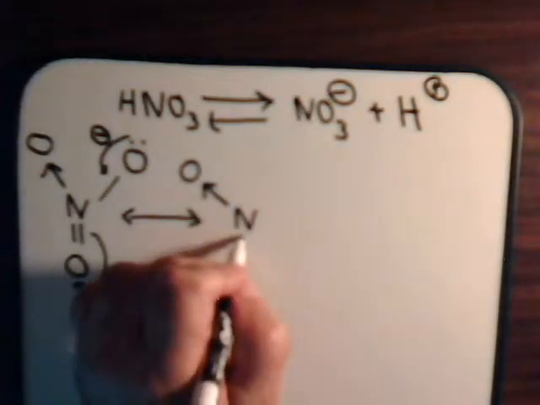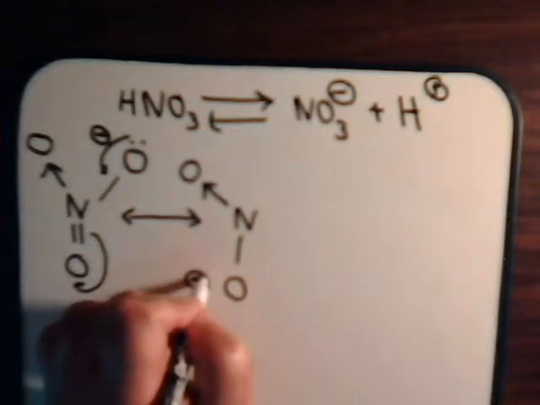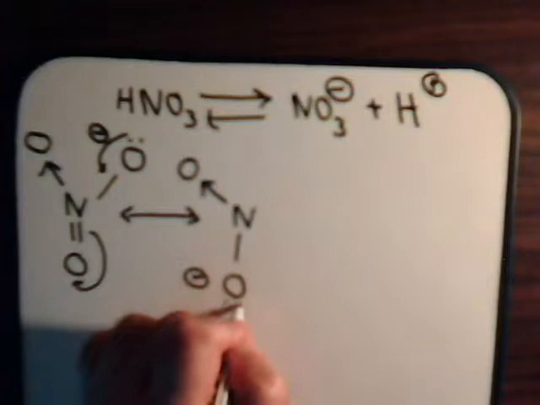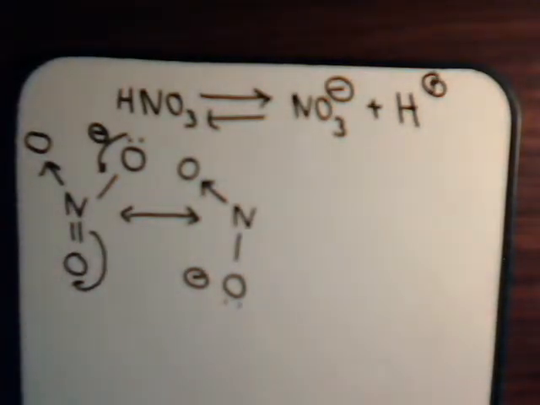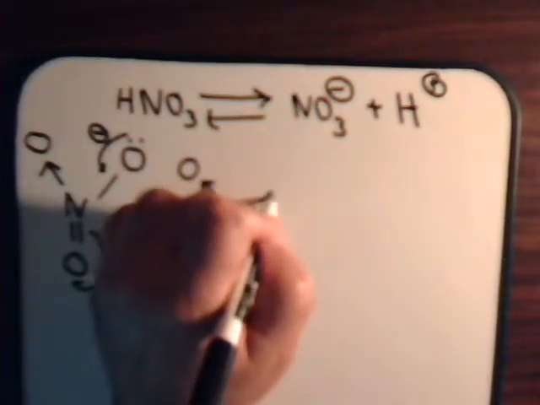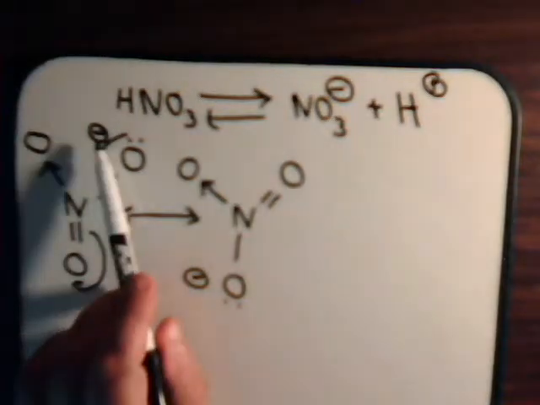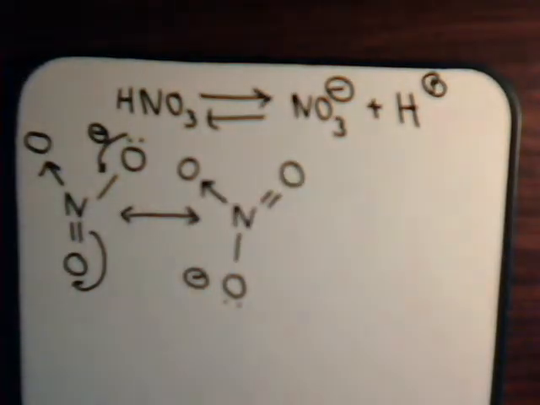This will have a negative charge with a lone pair of pi electrons that it confiscated from that pi bond, and then a double bond with this oxygen. This oxygen had a negative charge, but it put up both pairs of electrons to form this bond, so now it has no charge. So that's one resonance structure.